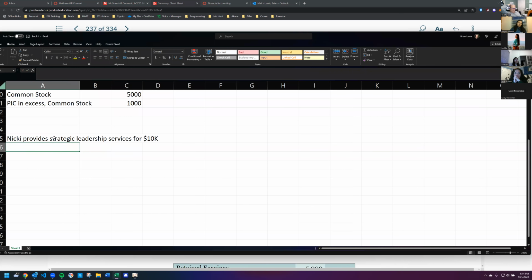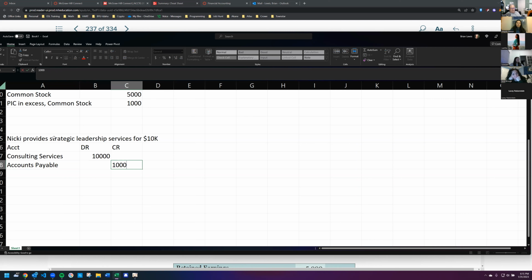This might be the first general entry, account and direct debit and credit. So this might be the first entry where you put in consulting services, let's say for 10,000, and because we haven't paid her yet, it's going to go into accounts payable.